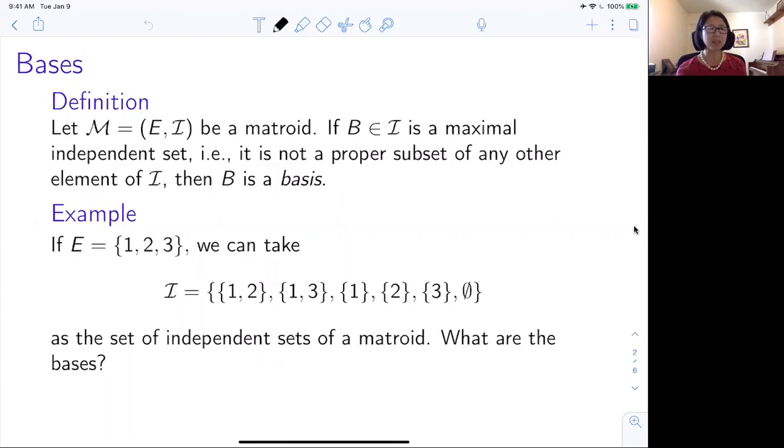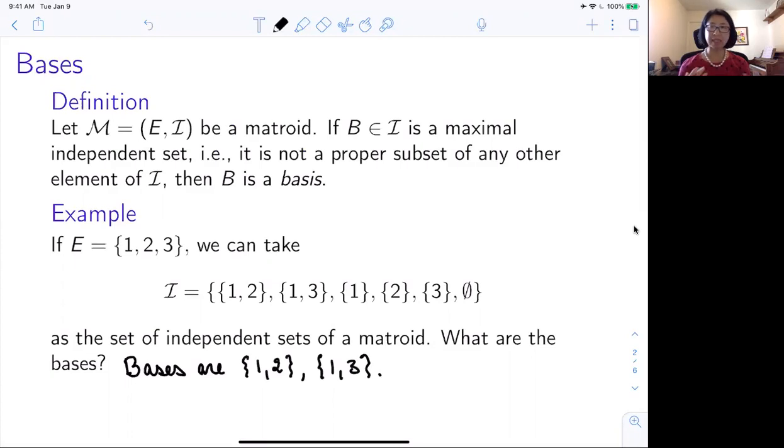Okay. So for example, suppose we have our ground set, the set {1, 2, 3}, and our set of independent sets is given here. So {1, 2}, {1, 3}, and then the singleton sets {1}, {2}, and {3}, and the empty set. So these are the independent sets of a matroid. What are the bases? Well, the maximal ones, right? So the bases are the two sets {1, 2} and {1, 3}.